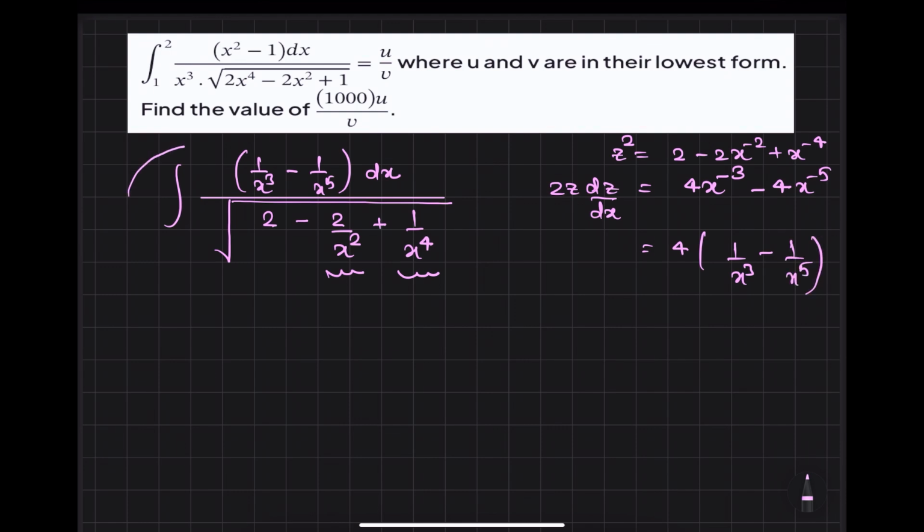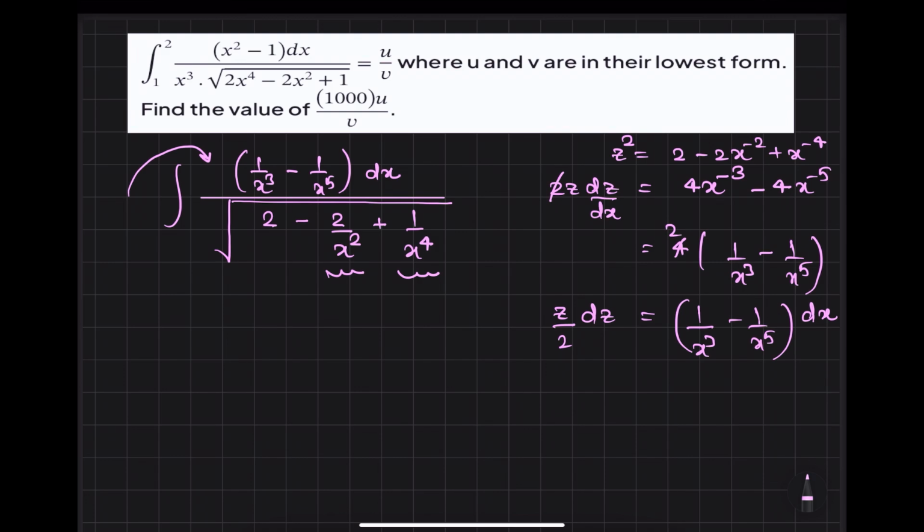So look at this. Our assumption was right. We got things which are in the numerator. Let's do the simplification a little bit. So we can replace the numerator by z by 2 dz equals 1 by x cube minus 1 by x power 5 and then dx.